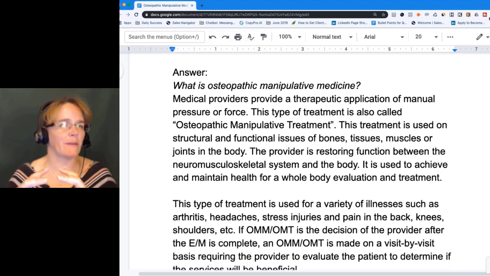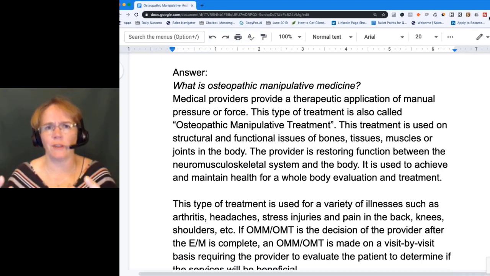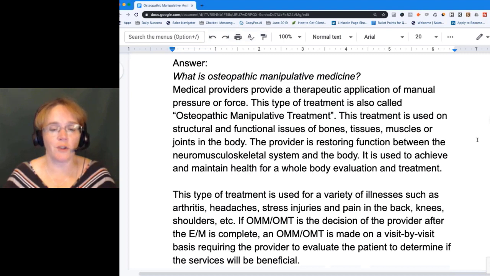Chiropractors use specific modalities, specific procedures, just like occupational therapists and physical therapists use. So it's similar, but here you're looking at typically a DO, an osteopathic doctor, who is going to do these kinds of treatments. There are other people qualified to do this as well. So it's also called osteopathic manipulative treatment.